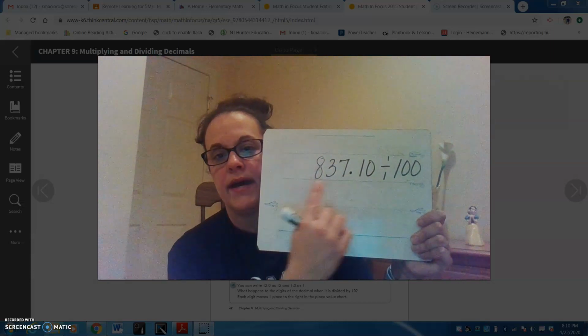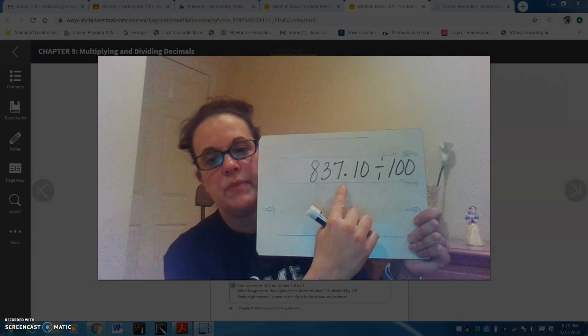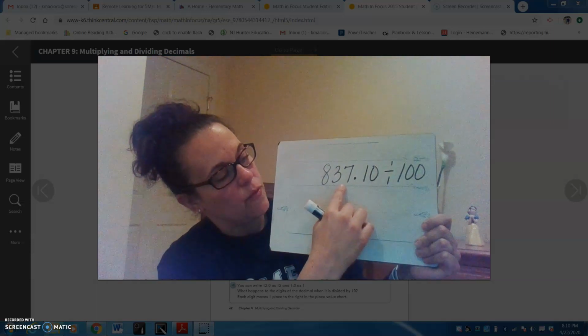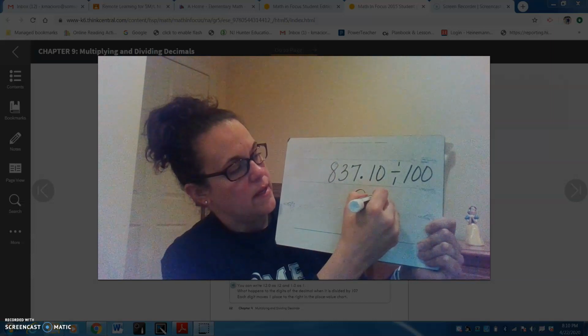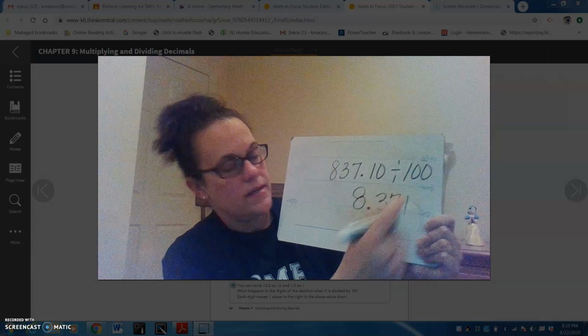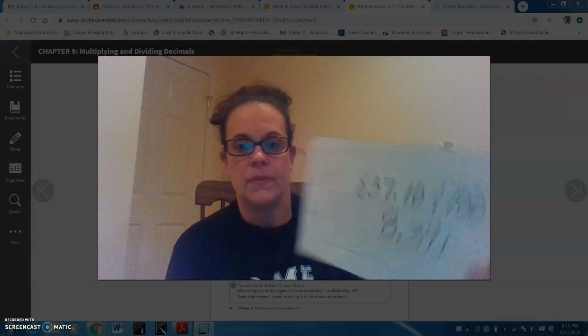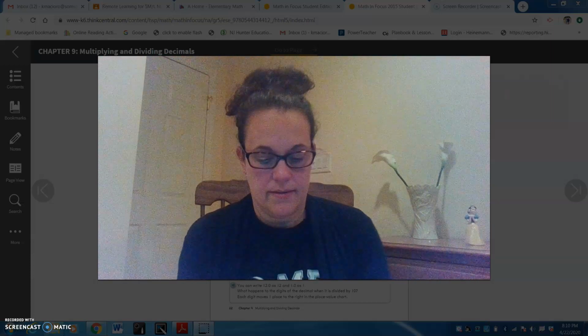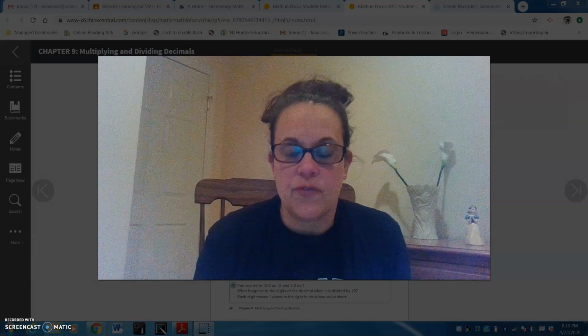Remember, because we have the 2 zeros, the decimal would move 2 spaces to the left. So we have 1, 2. So our quotient would be 8 and 371 thousandths.